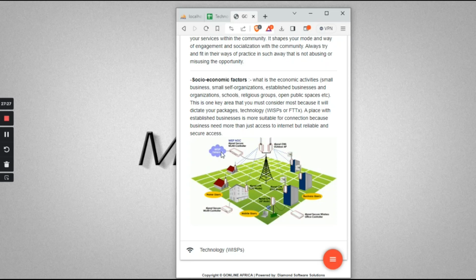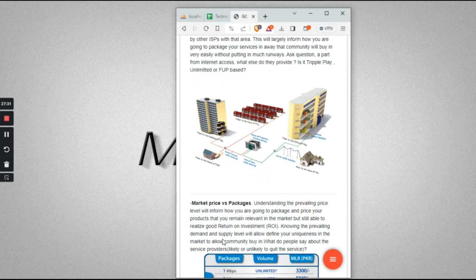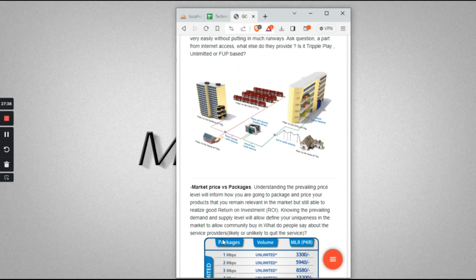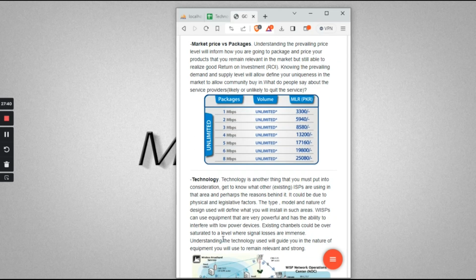And going down, you can look at technology. So technology will give you a clear view of what existing service level agreement or service level exists. What are the market prices versus the packages that do exist? Where do they meet, and why do you think that is the cross-cutting charge?